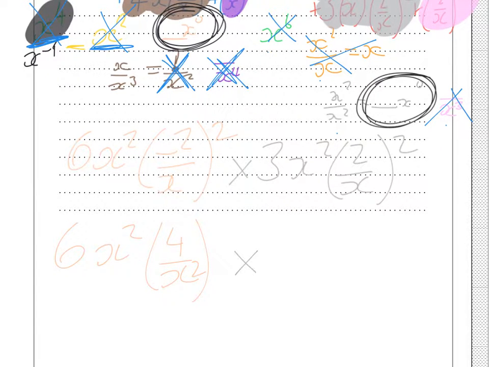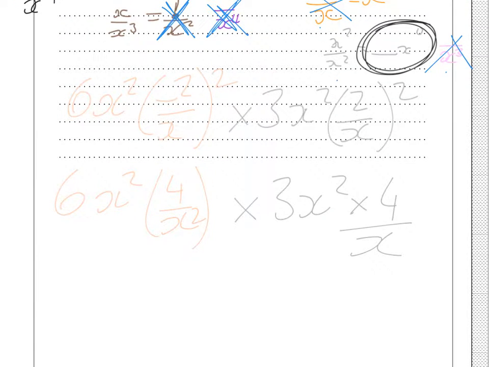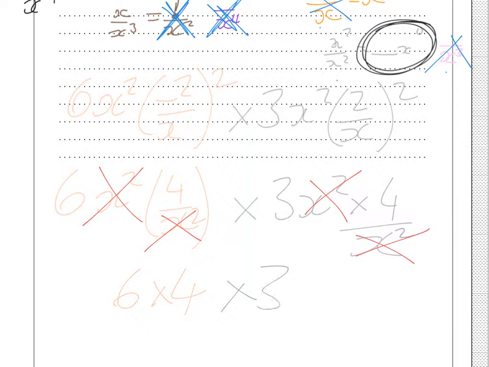And the grey one is 3x squared times 4 over x squared. That's the whole point. The x squareds cancel. The x squared there cancels with that one. The x squared there cancels with that one, and I'm left with 6 times 4 times 3 times 4.